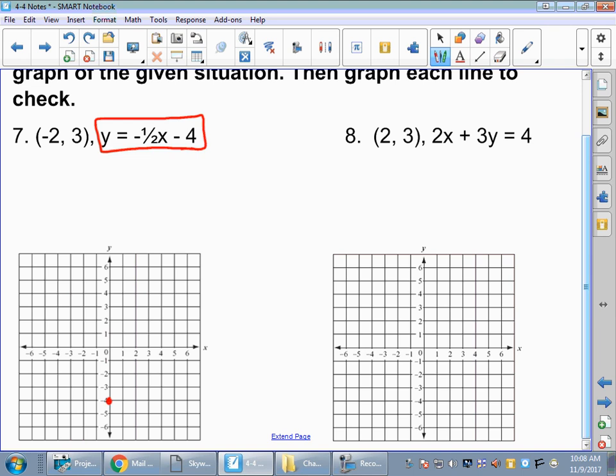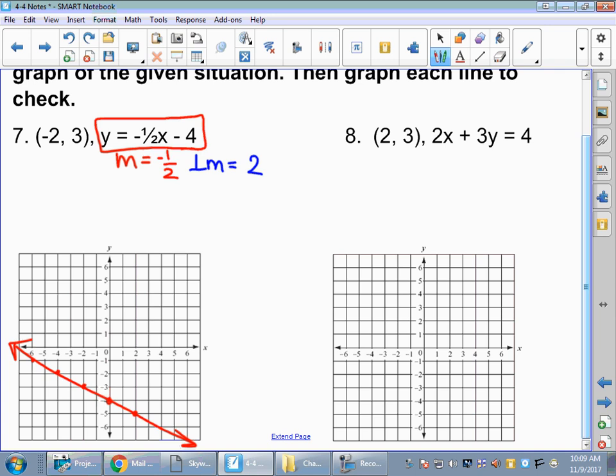So that's down 1, 2 to the right, or up 1, 2 to the left. So that's the original line they gave us. The original line has a slope of -1/2. So my perpendicular slope is going to flip the 1/2 into a 2 and flip the sign from negative to positive.